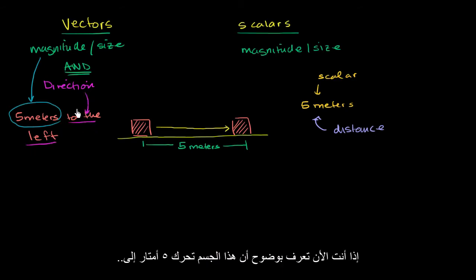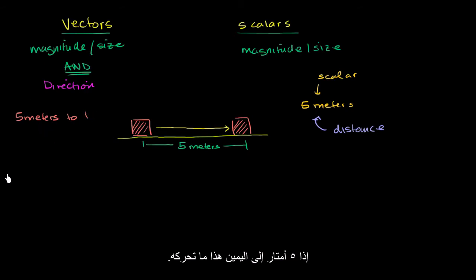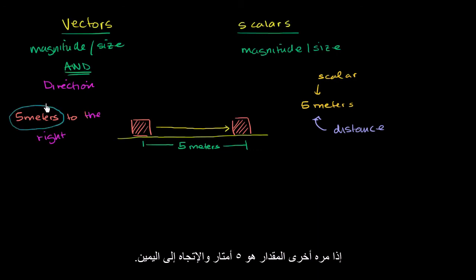So you now explicitly know that they went 5 meters to the, oh, sorry, it should be 5 meters to the right. Let me change that. That's the direction it got moved. It started here. It went 5 meters to the right. So once again, the magnitude is 5 meters, and the direction is to the right.